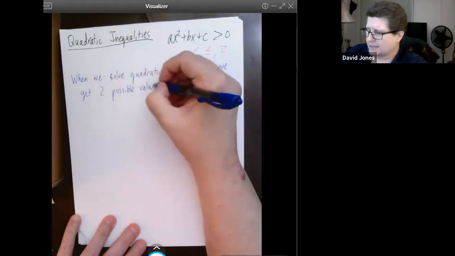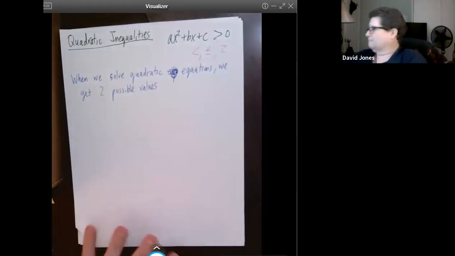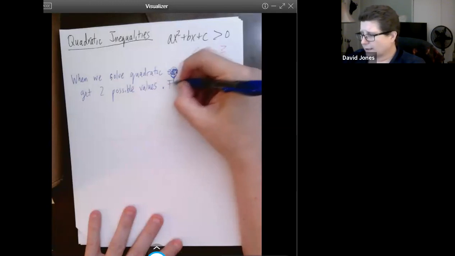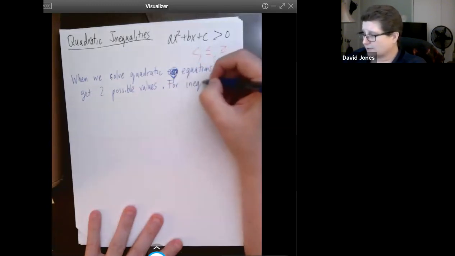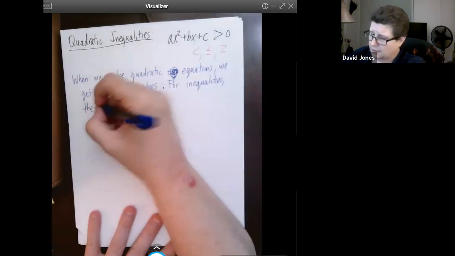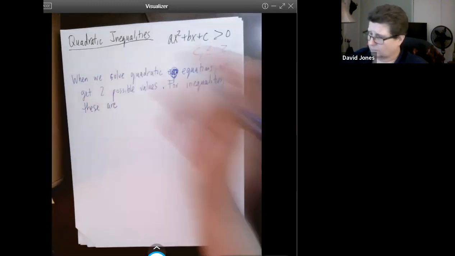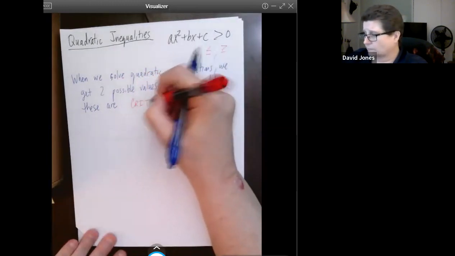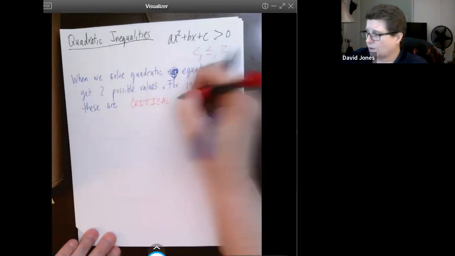And they may be the same if they overlap. For inequalities, we call these critical values.